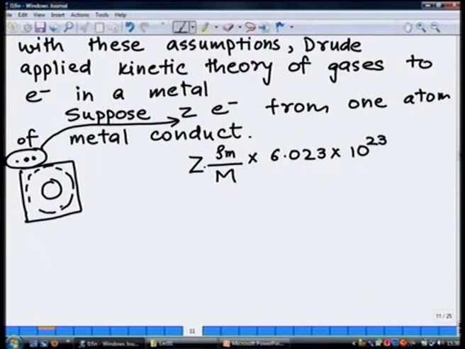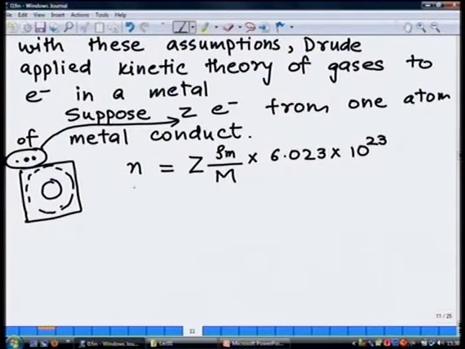And if I multiply this by Z, which is the number of electrons per atom which are conducting, then I have the number of conducting electrons per unit volume, per meter cube, and that number is n therefore.